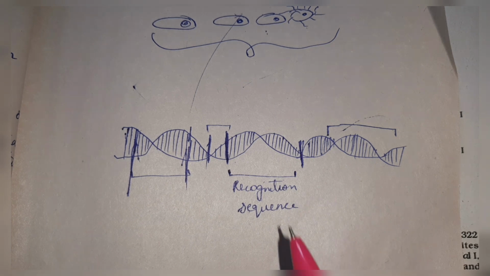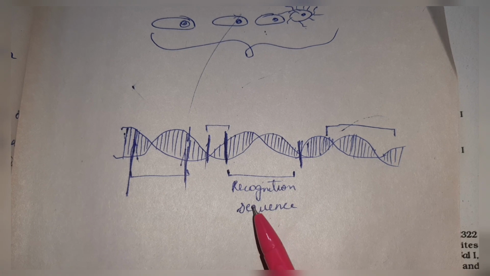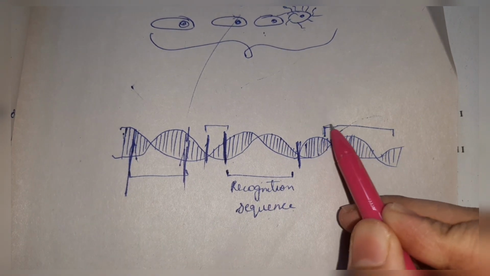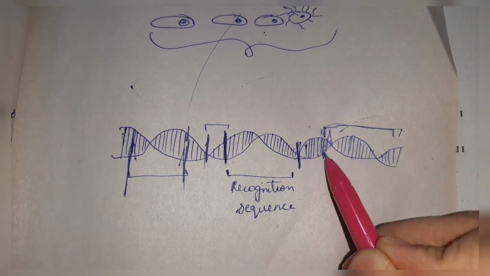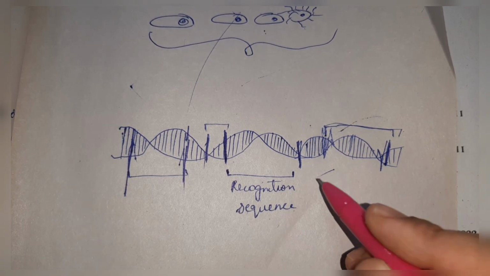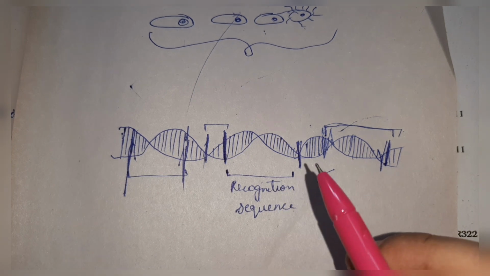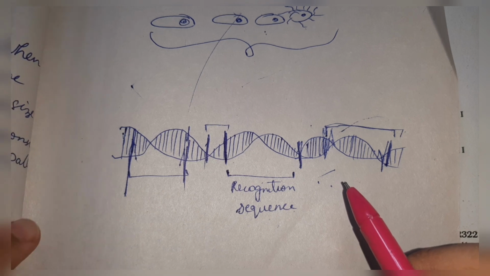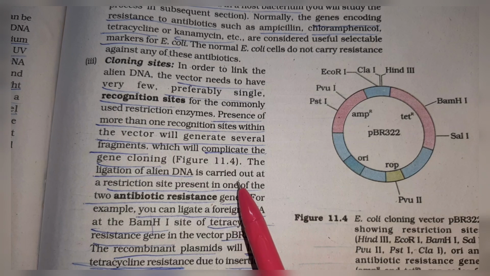The textbook is saying that a particular vector has only one recognition sequence. If we have more than one, if this is also the recognition sequence for that restriction enzyme, this will also be cut, and this fragment will also be cut. This will result in many fragments. So the characteristic of an ideal vector is that it has only one recognition sequence, not many, because the process becomes more complicated if many fragments are generated.